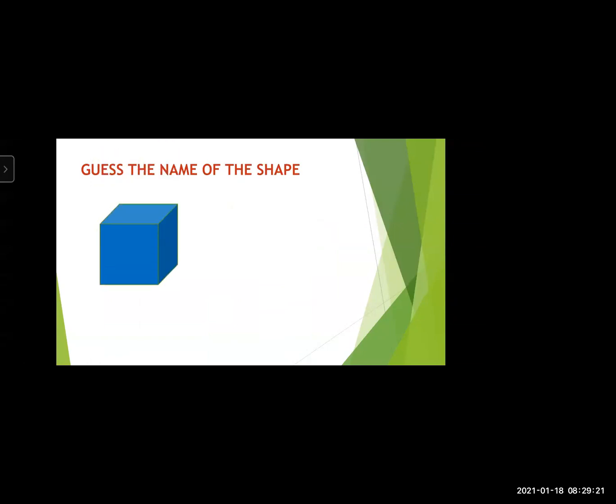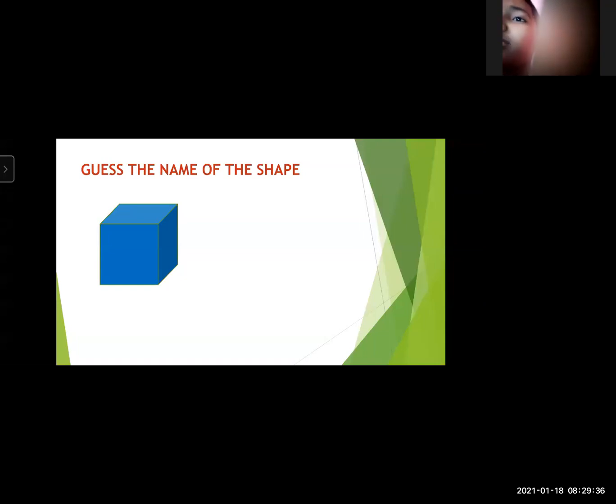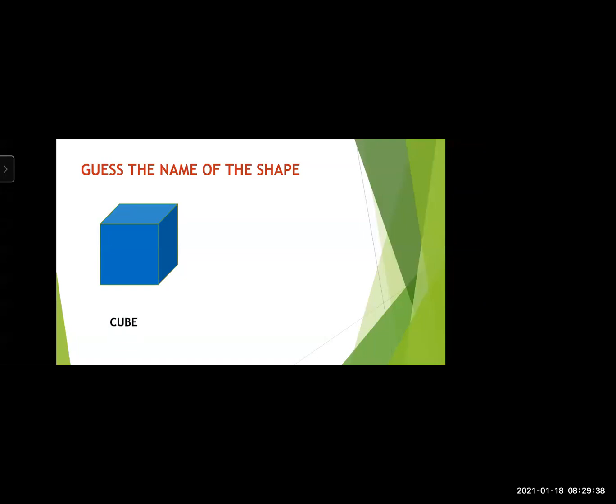Can anyone tell me what is the name of this three-dimensional shape? Cube. Yes, cube. Very good. Keep it up. Come on, next. What is the name of this shape? Cylinder. Excellent. Keep it up.